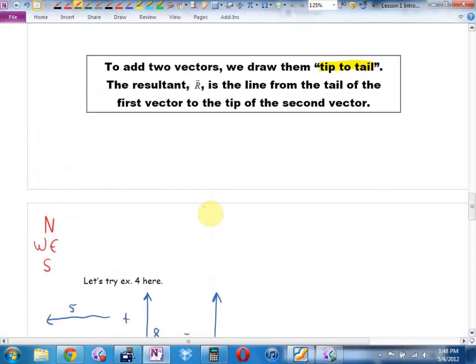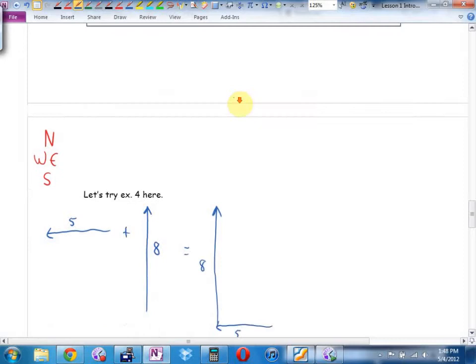And then it says the resultant, often we use the letter R with the vector sign for resultant, is the line from the tail of the first vector to the tip of the second vector.